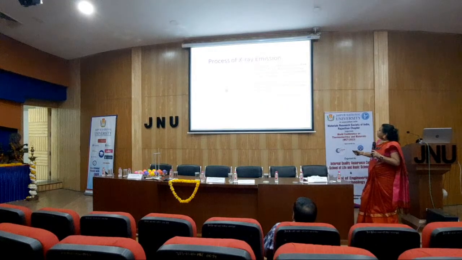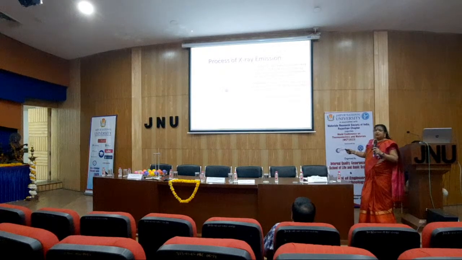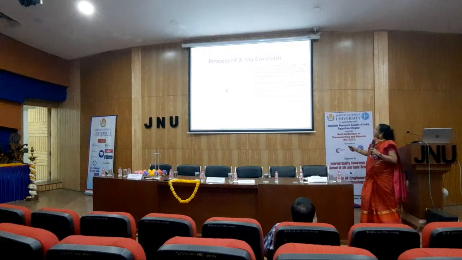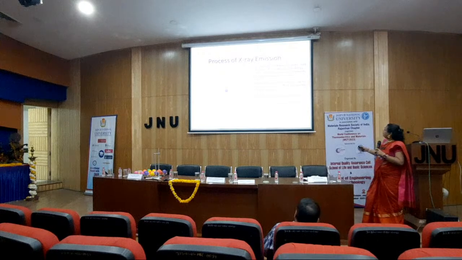So basically, what is X-ray emission? It is a source of X-ray. It could be a radioisotope source, it could be an X-ray tube, it could be a synchrotron which strikes an inner shell electron from a sample. A high energy, which is above the absorption edge of the element, ejects the electron.